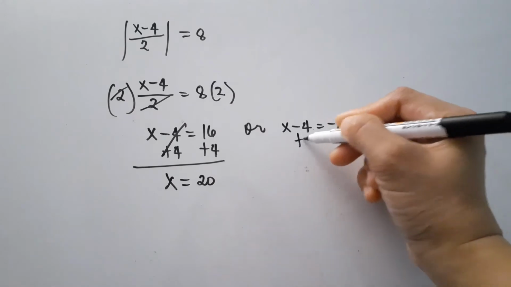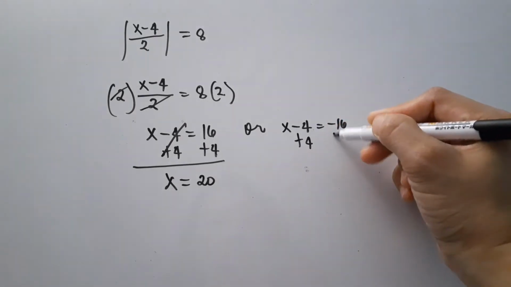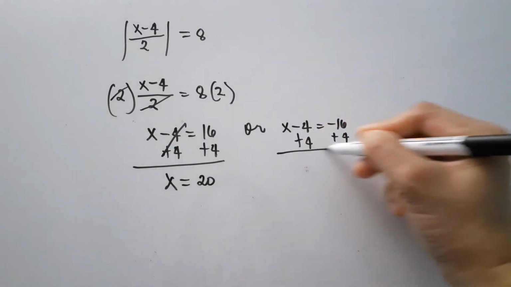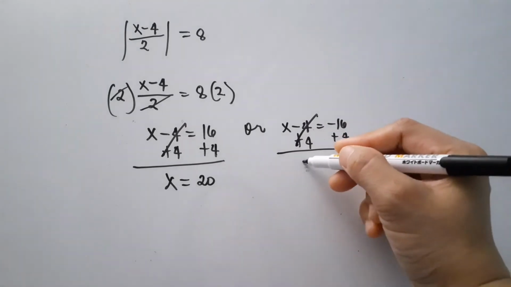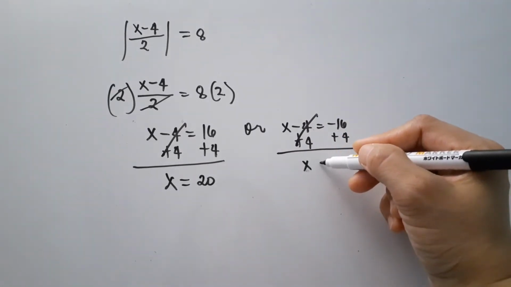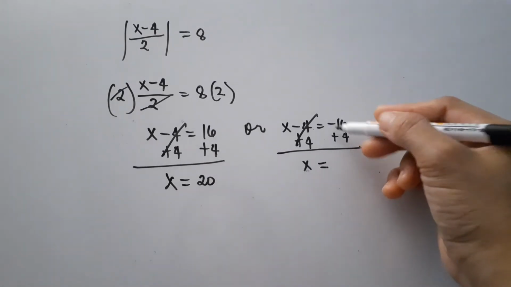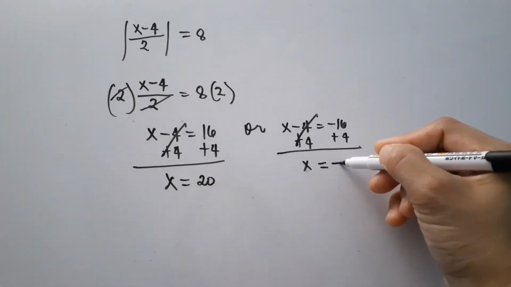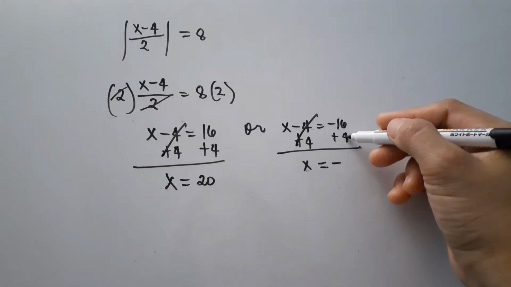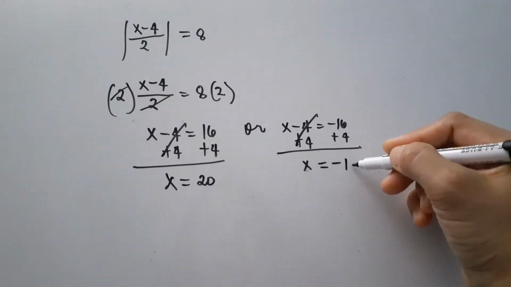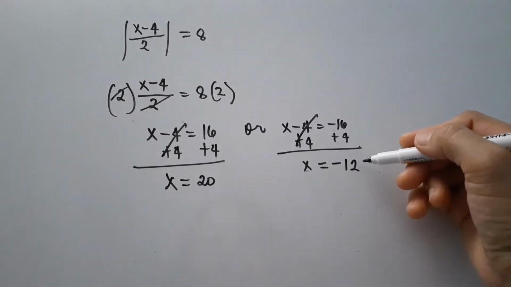And then this one, x is equal to negative 16 plus 4, which is negative 12.